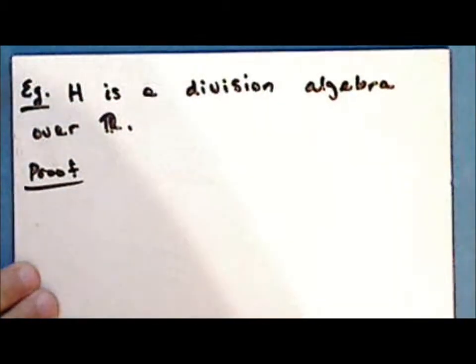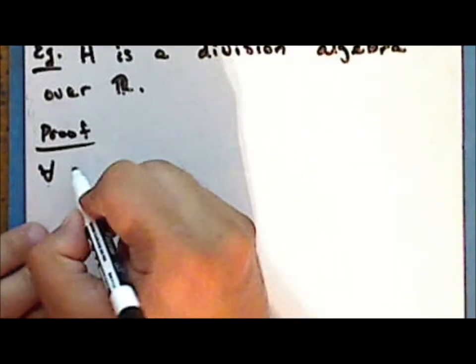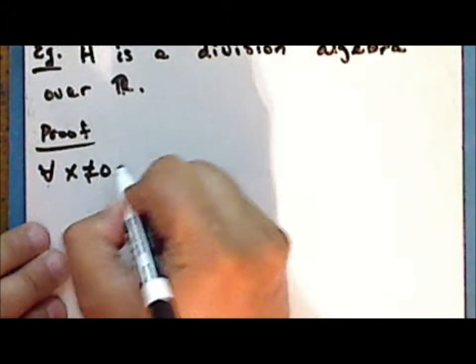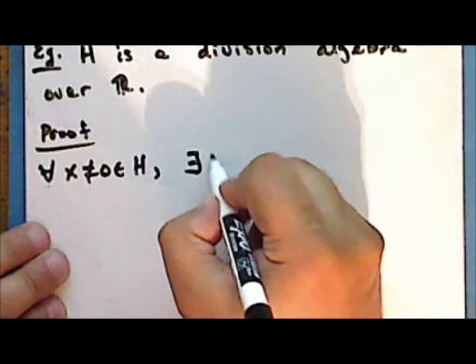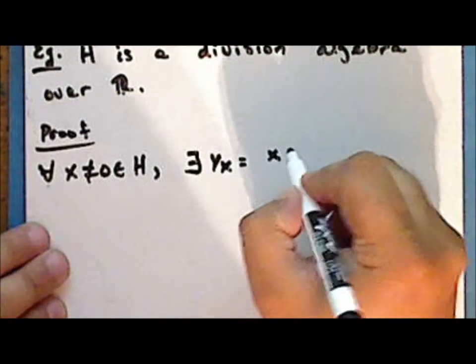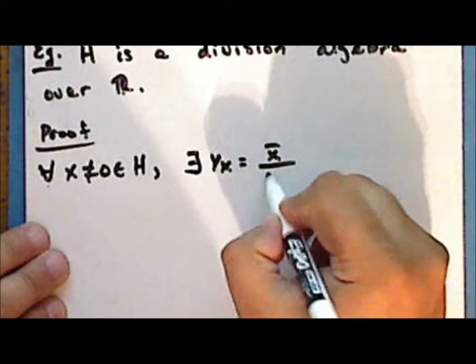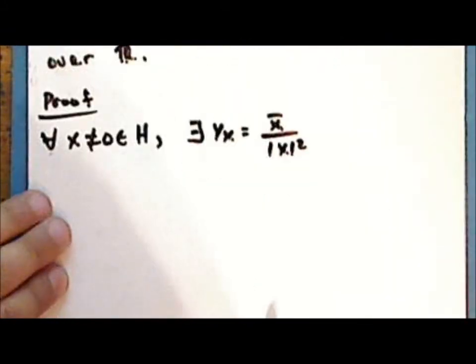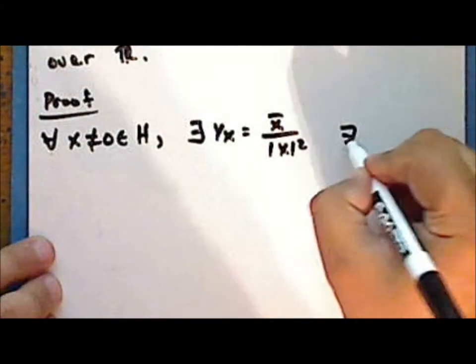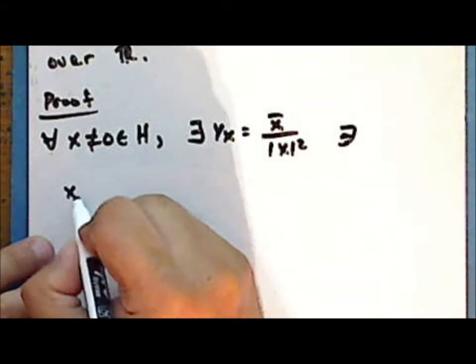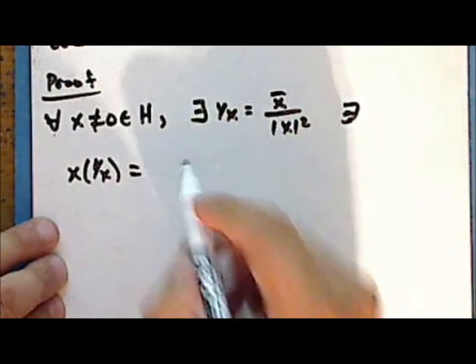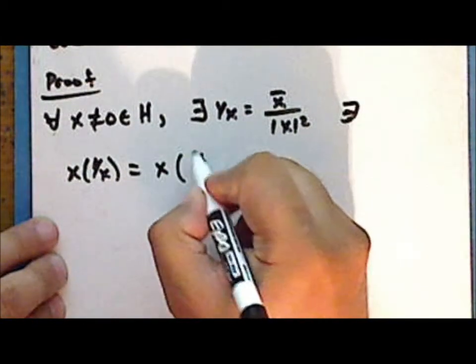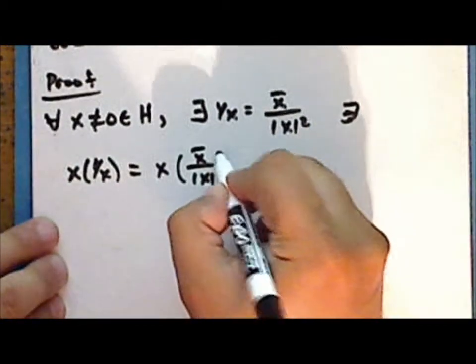So proof, for every non-zero quaternion, there exists the multiplicative inverse of that quaternion, which is the conjugate of the quaternion over the square of the modulus of the quaternion, such that x times its multiplicative inverse is x times the conjugate of x over the square of the modulus.